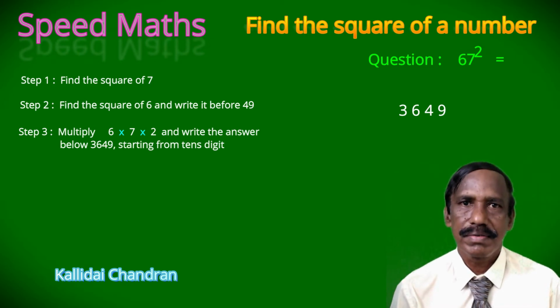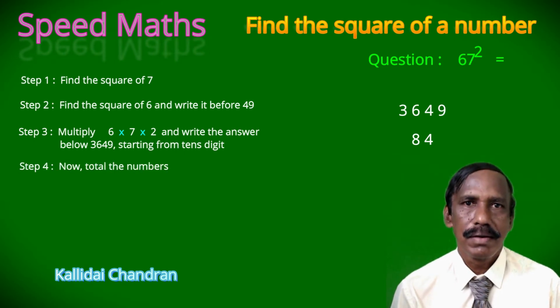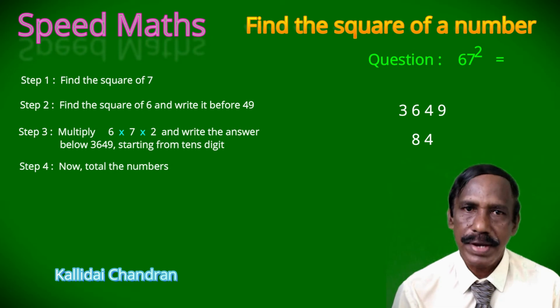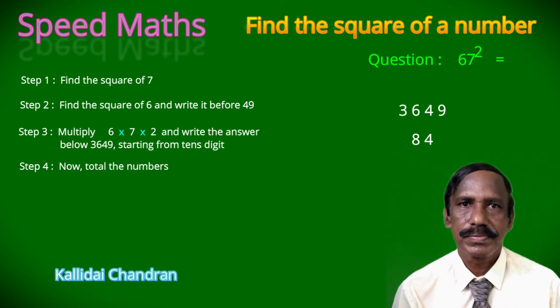So 6 into 7, 42, into 2, 84. You write down that number below 3649. The only difference is you have to write it from the tens digit. That is, you have to write 84 just below 64 in 3649.